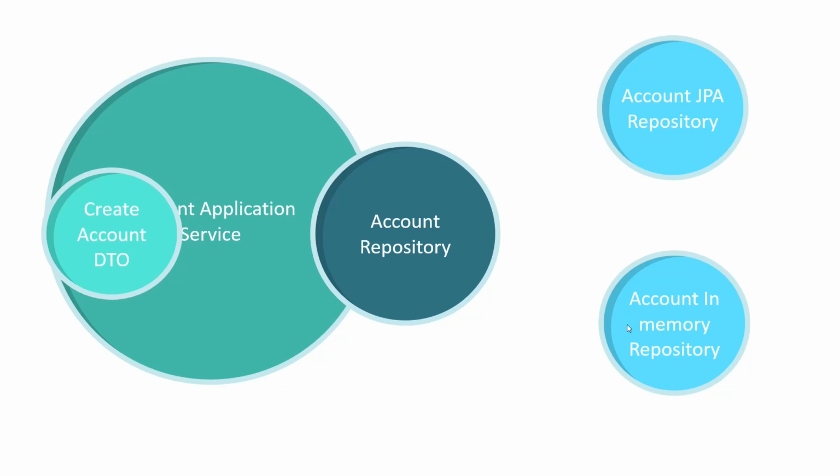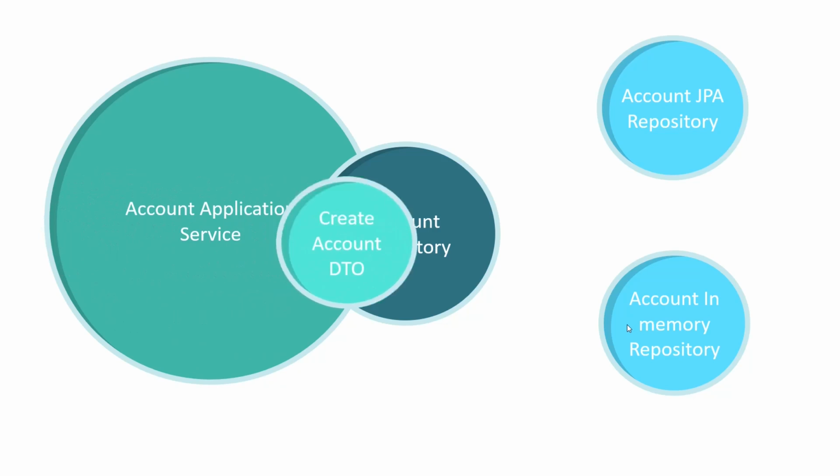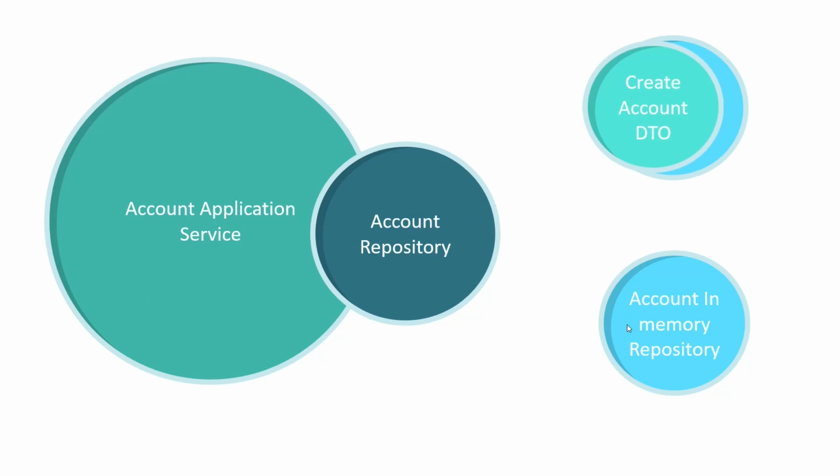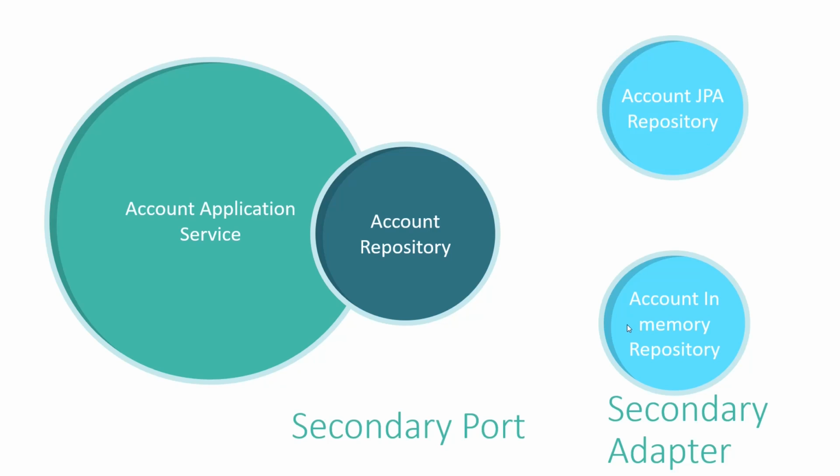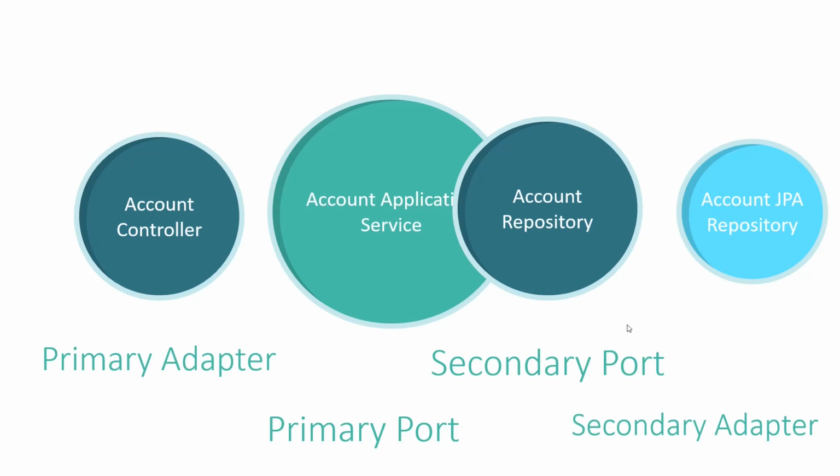So the service receives a DTO object. It goes through the port, account repository, to the real implementation. In this case, it was a JPA repository, so the account will be created in the database. And as you can see on the right, the secondary adapter, once again, is the real implementation, while the port is an abstraction used by our business service, account application service.